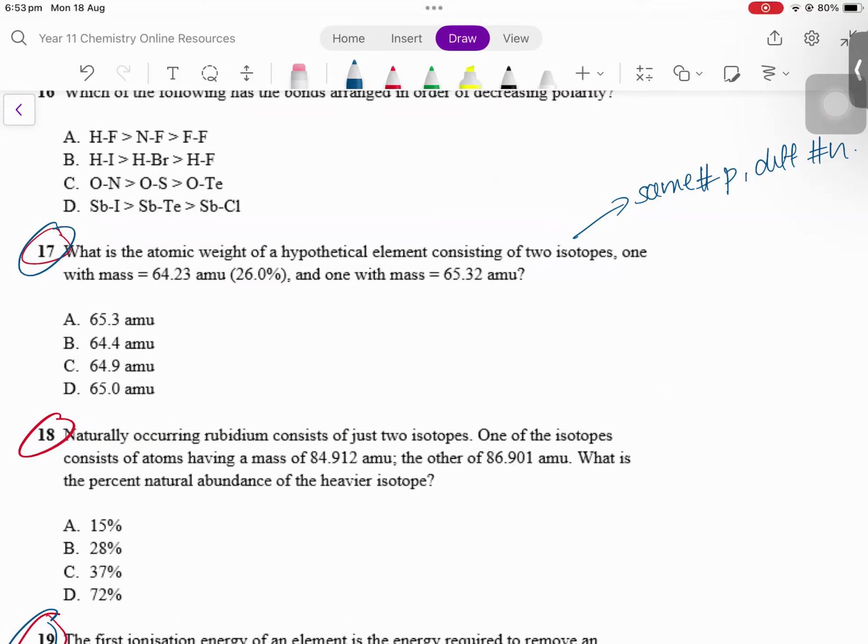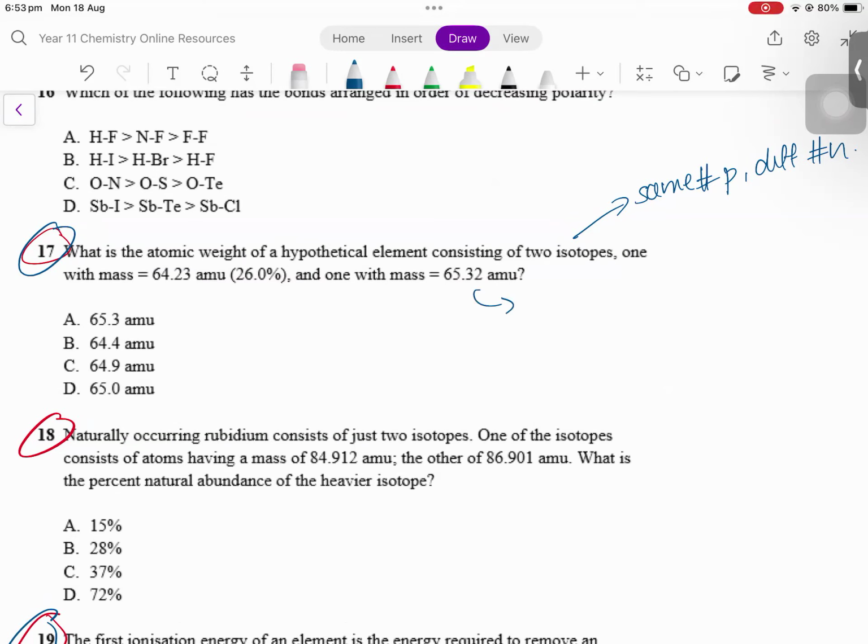Why is that, guys? It's because the whole thing in terms of percentages should add up to what? All of the percentages should add up to 100. Exactly. So what that means is if you know one of the percentages, you can figure out the other one. So there's only two here.